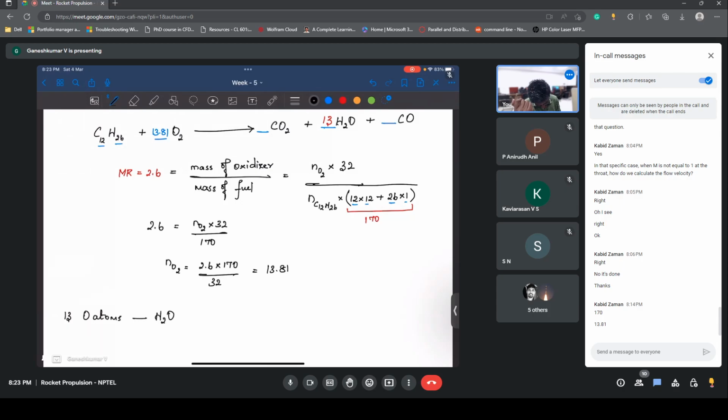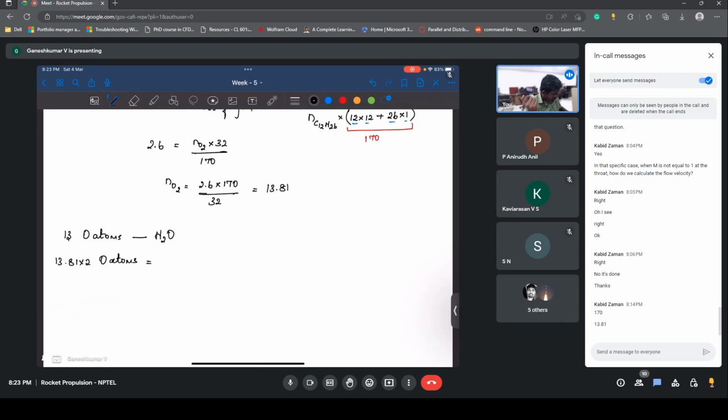In total we have 13.81 into 2 O atoms, which is 27.62 O atoms. In that I took 13, so the remaining would be 14.62 O atoms.